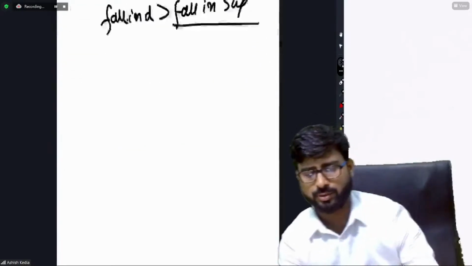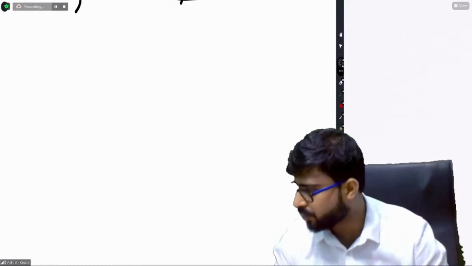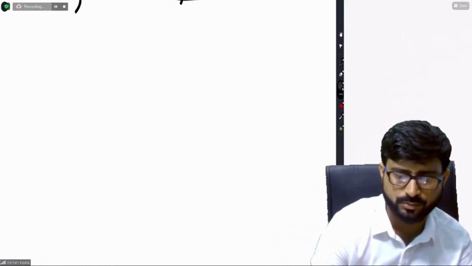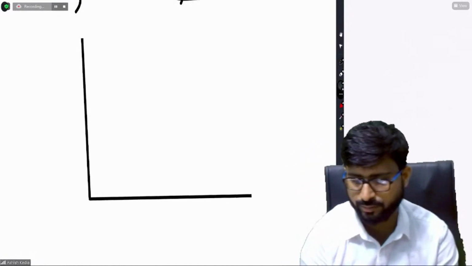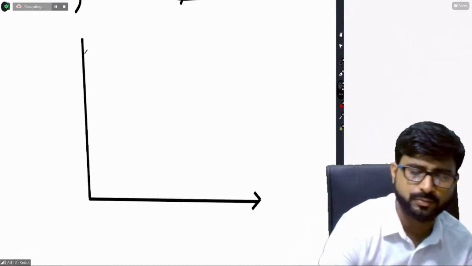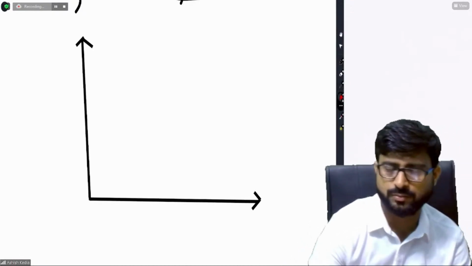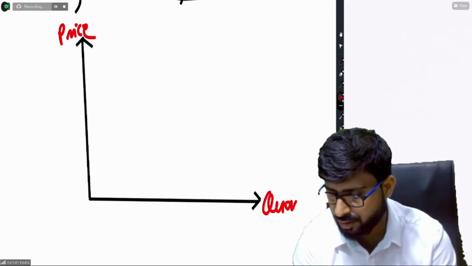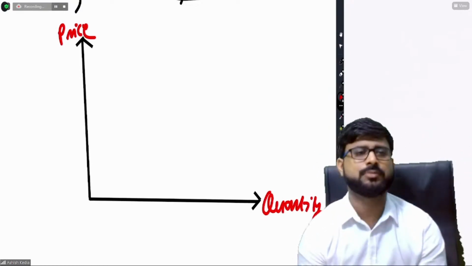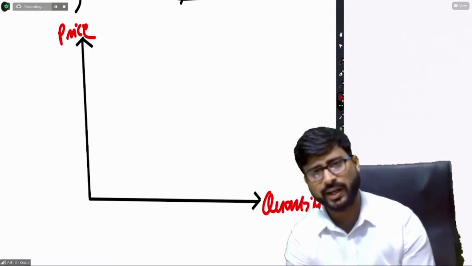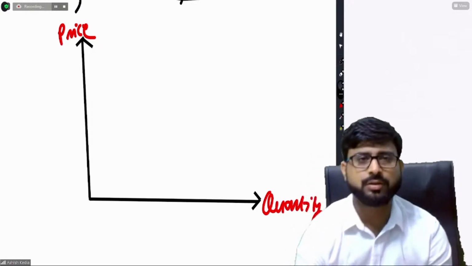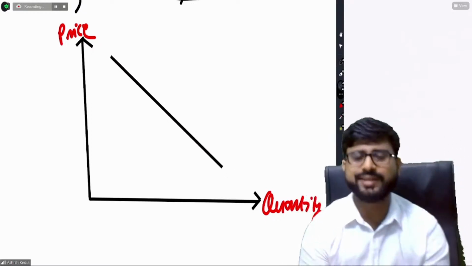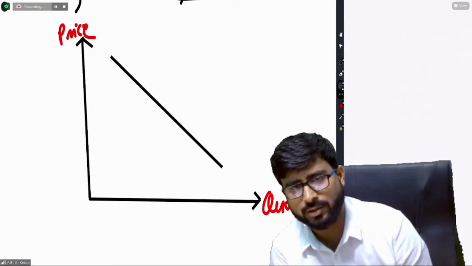Okay. So now the diagram that you people were looking for. This is price. This is quantity. Correct? Here it is demand.